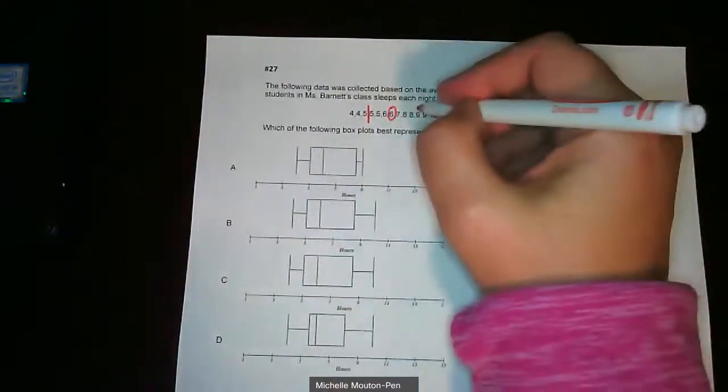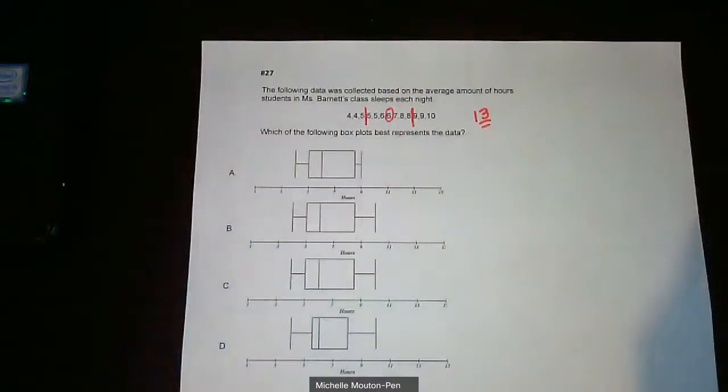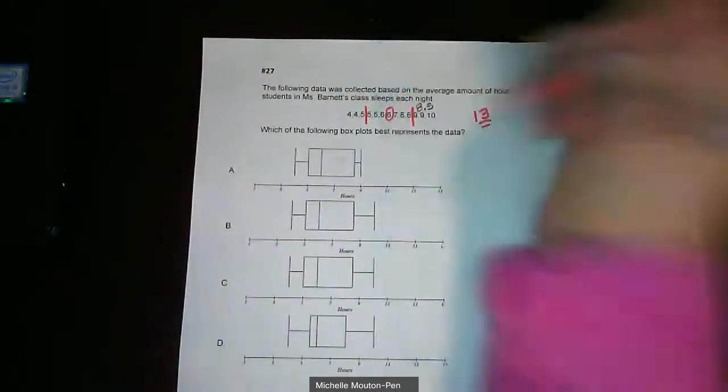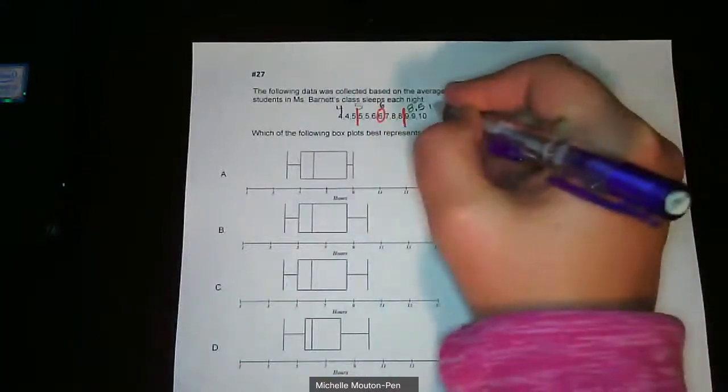And then I go up here to get my upper quartile. That's going to be between 8 and 9, which is going to be 8.5. I'm just going to write that right there. I'm going to write this is 5, and this is 4, and then 6, and then 10.